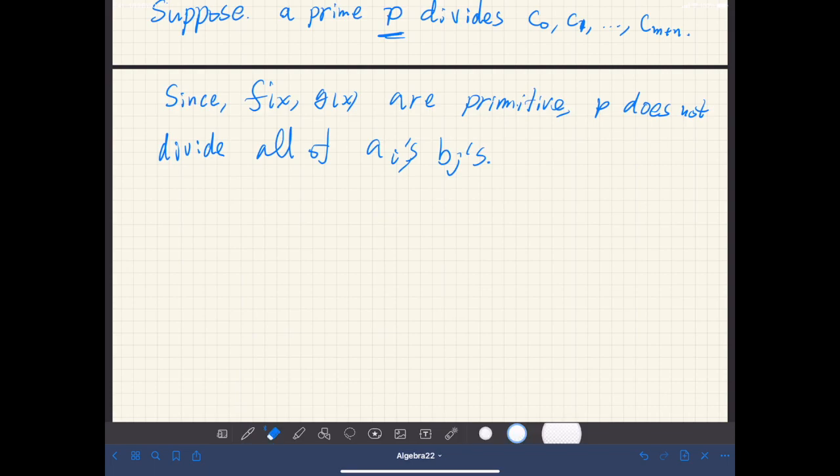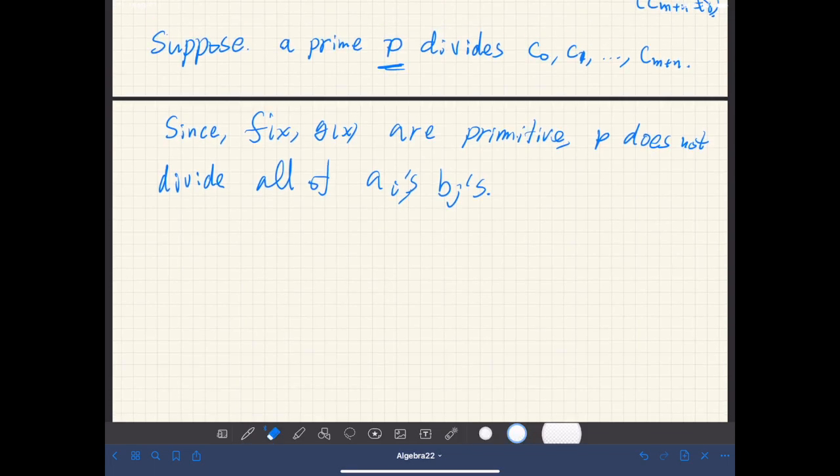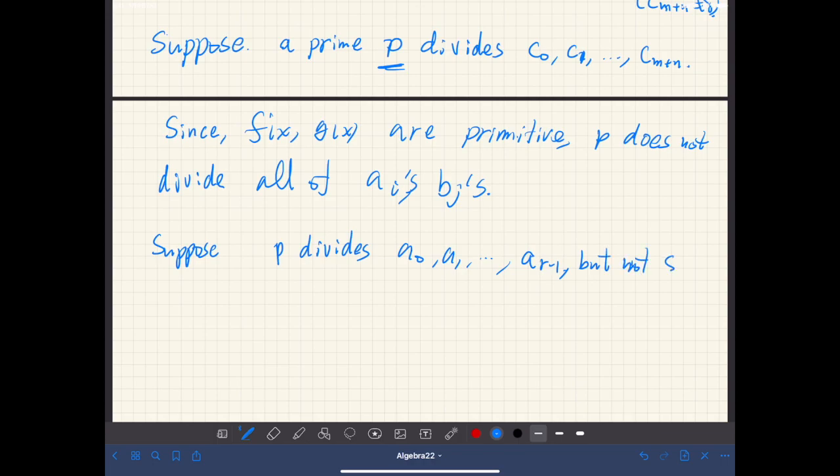So let's assume that p divides a0, a1, and so on, up to, let's say, a_{r-1}, but not ar. So that means ar is the first coefficient p cannot divide.